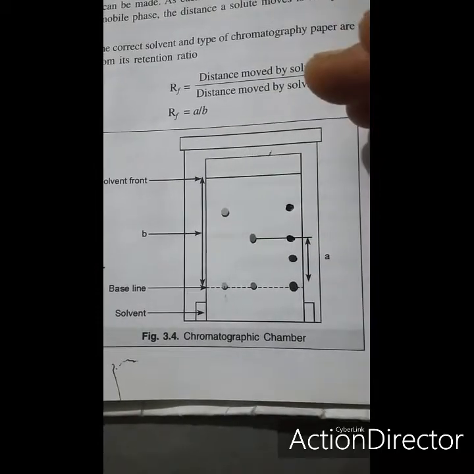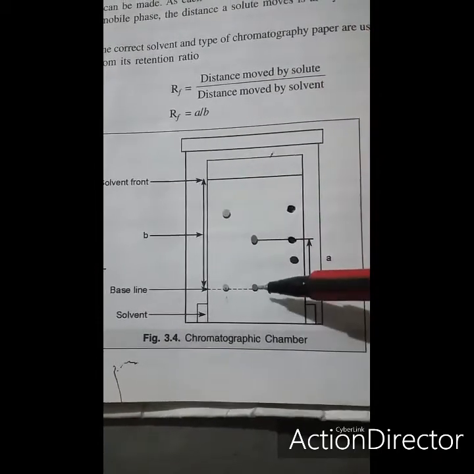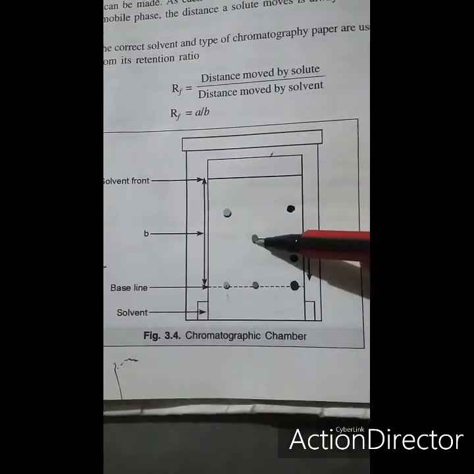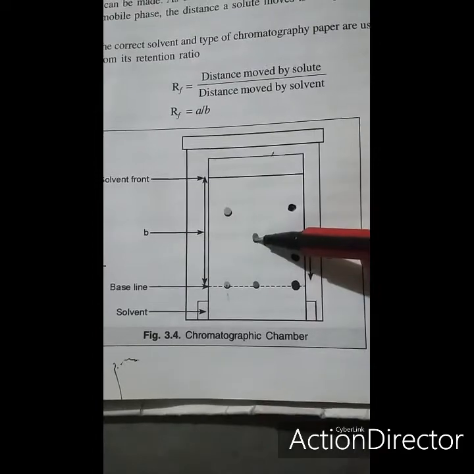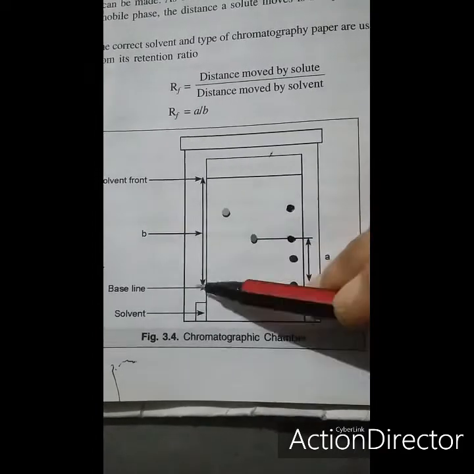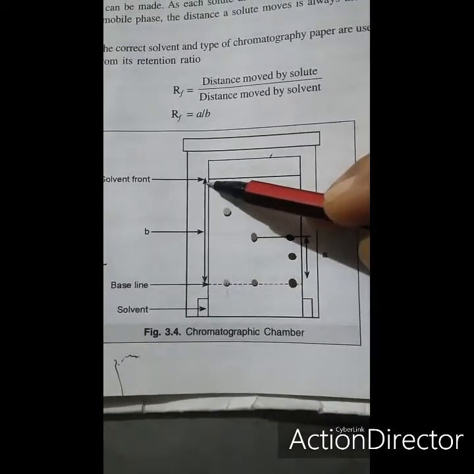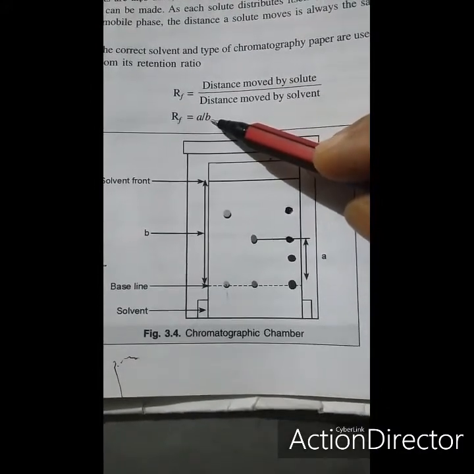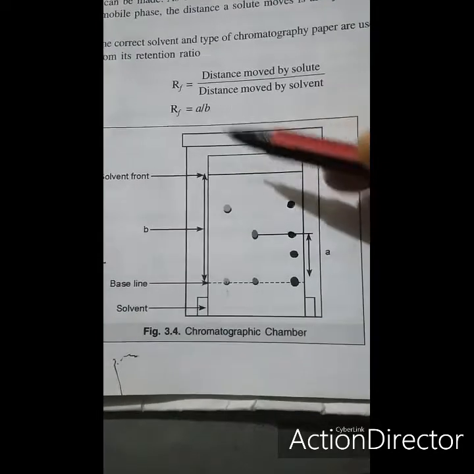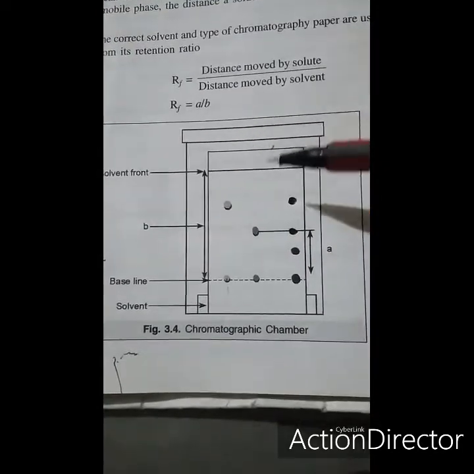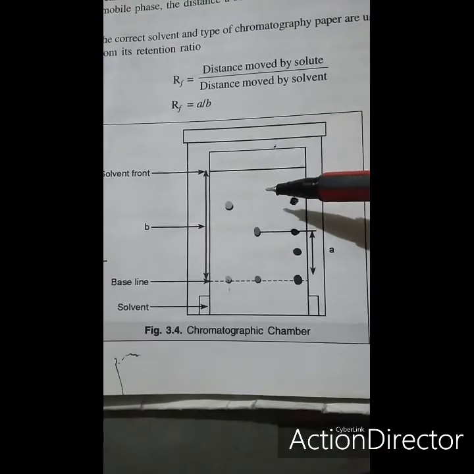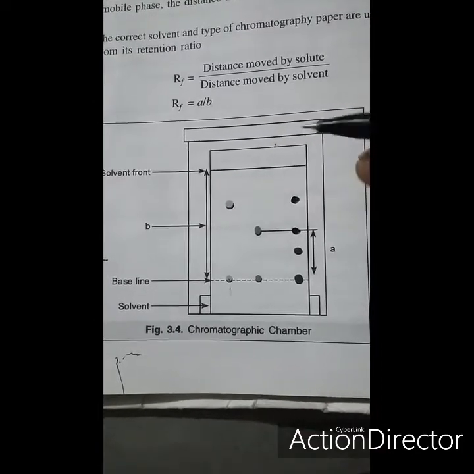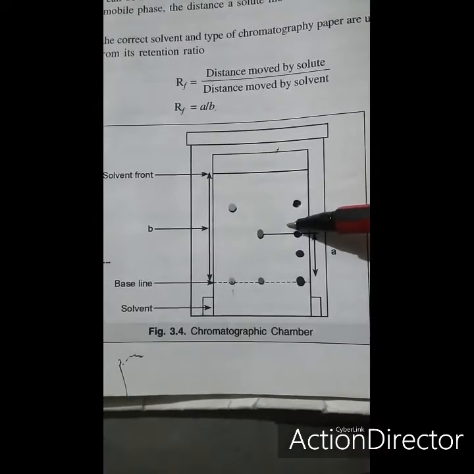Once the spots are visible, we encircle the spot, and from the center of the spot we calculate the distance traveled by the solute upon the distance traveled by the solvent, and like that we calculate its RF value. Once the RF value and the color of the spot are known, it is very easy to identify the molecule or solute of interest. This is how separation is done with paper chromatography.